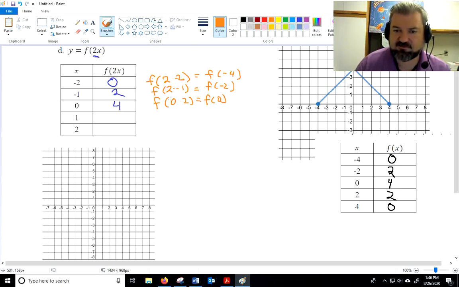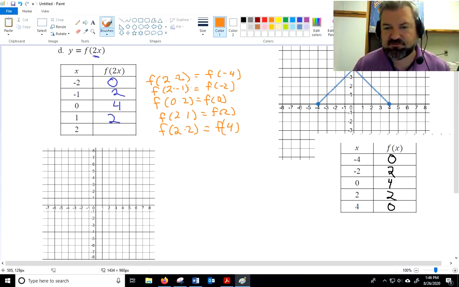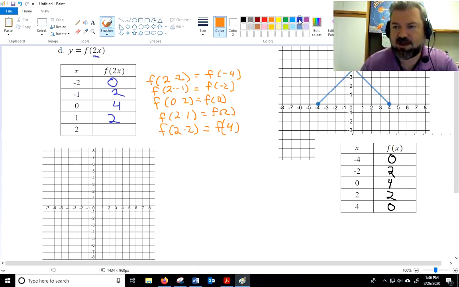All right, and then on the next one, I've got to multiply 2 times the x, so 2 times 1 first. Well, that's f of 2. And we know from the table over here that f of 2 is 2. Notice these y values are not changing. All right, f of 2 needs to multiply by 2 before we evaluate, so it's f of 4. So that 2 in front of the x causes us to multiply all the x's before we actually find the function value.